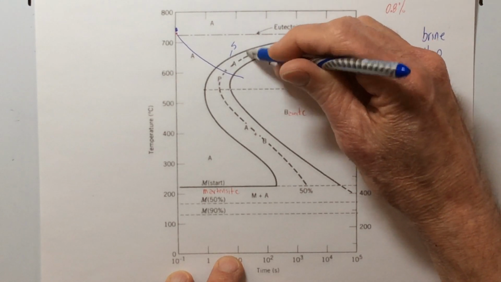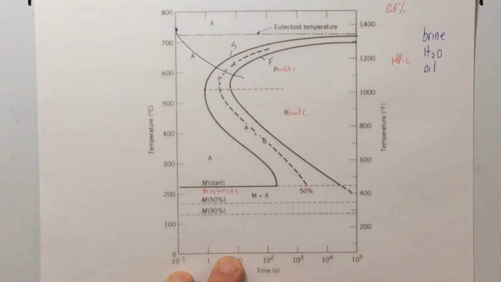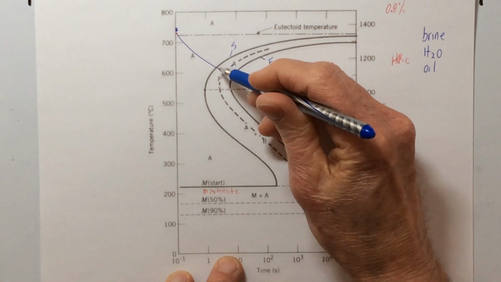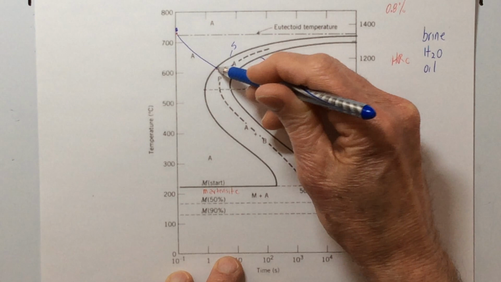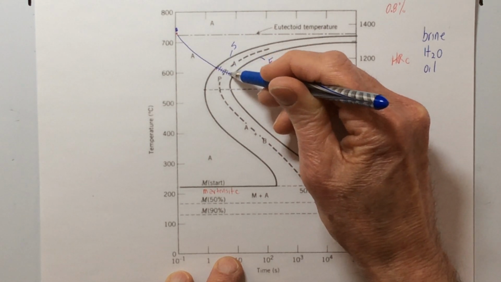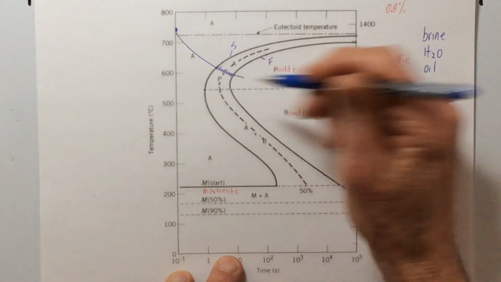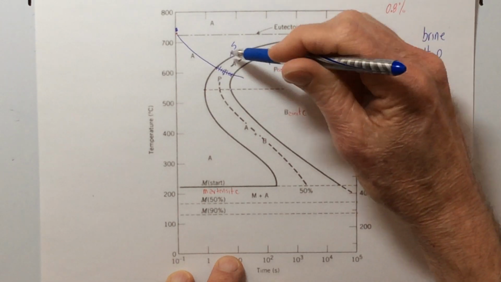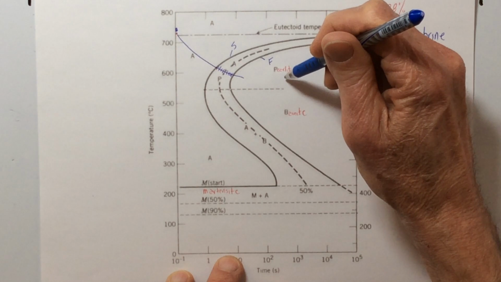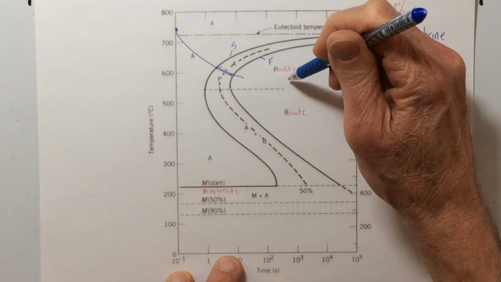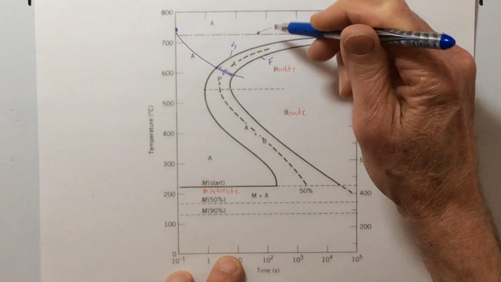You can see here that this enters at pearlite. I'm just going to dash the line here showing the transformation, and then it exits pearlite. And actually it may enter as coarse pearlite, then fine pearlite, but really that's not necessary to know right now.